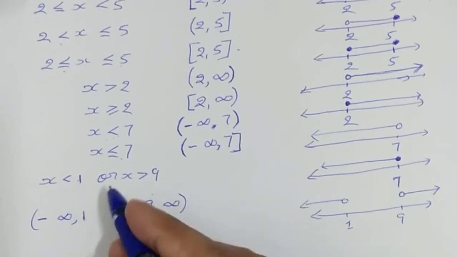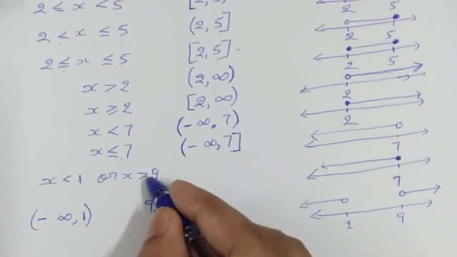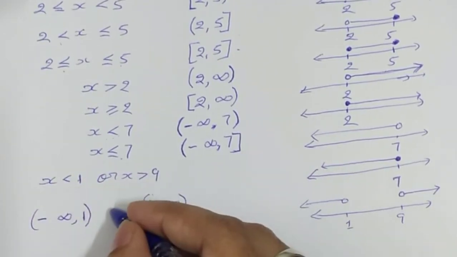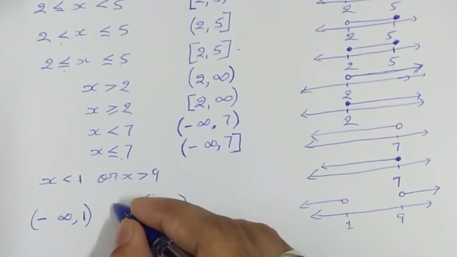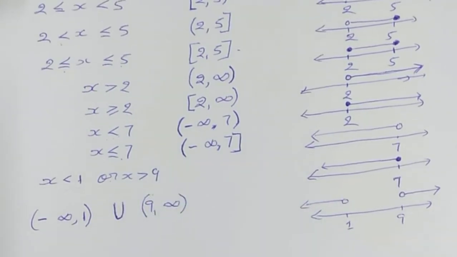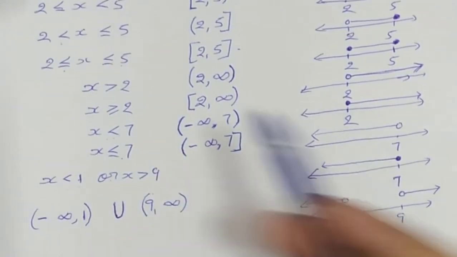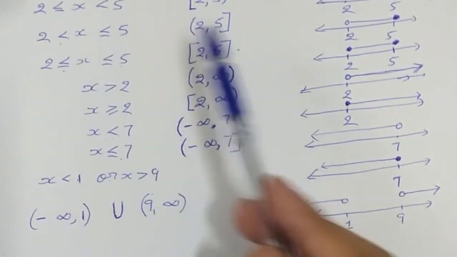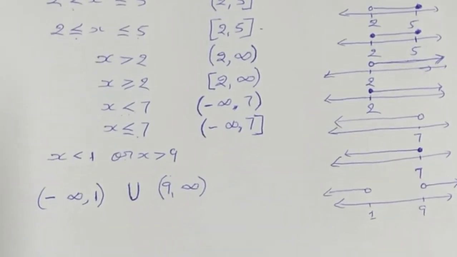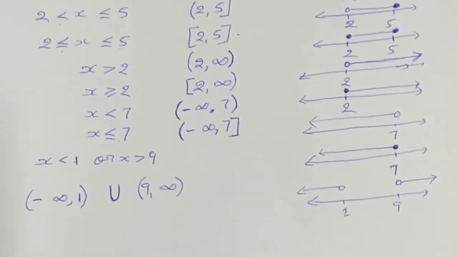At 1, because it is not to be considered in this case, we put a round bracket. 9 is not to be considered, we put a round bracket, and once this is done, for this or that we put a symbol, union. These are certain situations in which we'll be using interval form. So I think these few examples explain most of the situations which we may be facing.